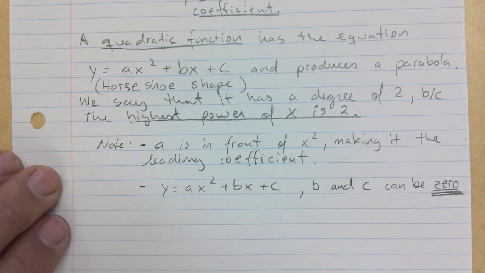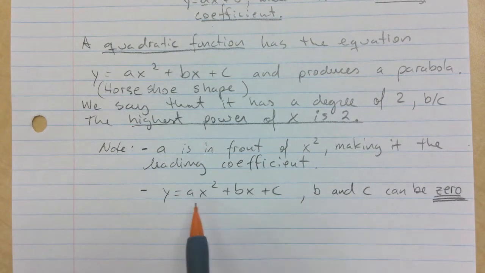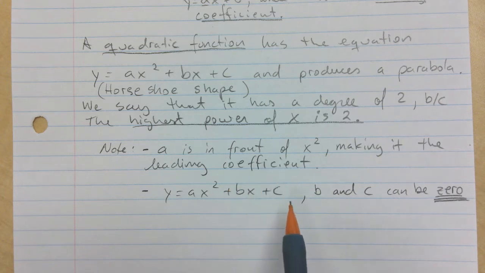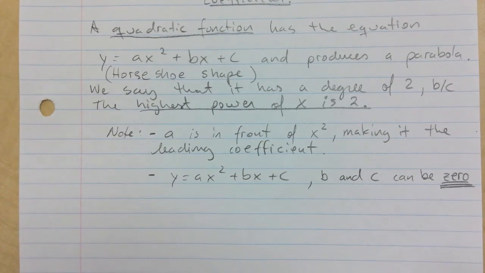Okay, that's very important because students think, oh, so it's always going to look like this? It's always going to have 3 terms? No. B and c, like these two here, they could just not be there. If b is 0, this whole thing goes to 0. If c is 0, it's just not going to be included. So make sure you know that, okay?